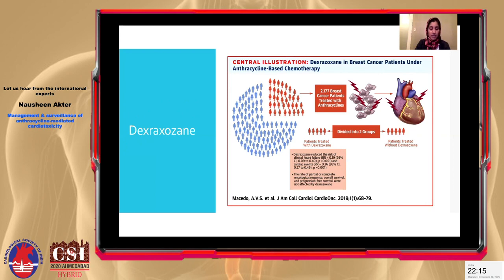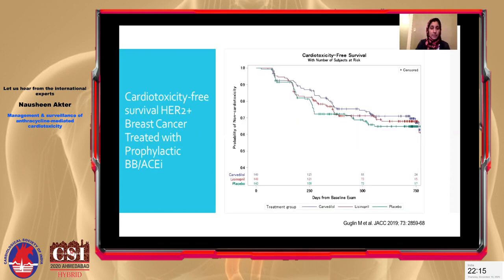They found that dexrazoxane reduced the risk of clinical heart failure and cardiac events, irrespective of previous exposure to anthracyclines. They also demonstrated that the rate of partial or complete oncologic response, overall survival, and progression-free survival were not affected by dexrazoxane. This study warrants further randomized trials before systematic implementation of dexrazoxane in clinical practice.